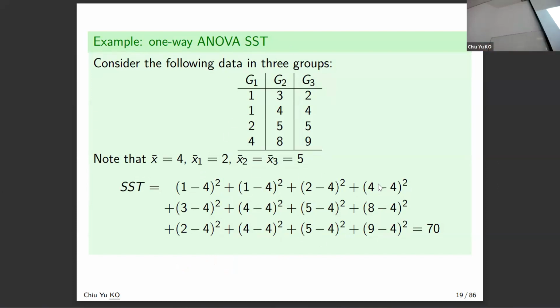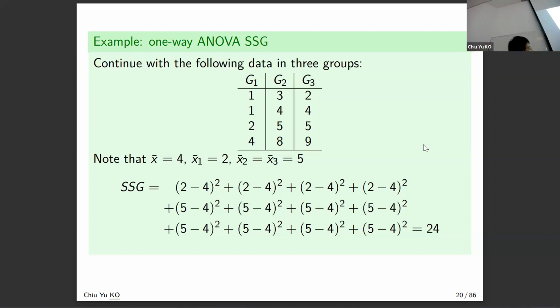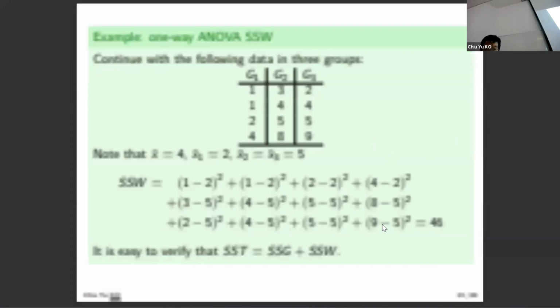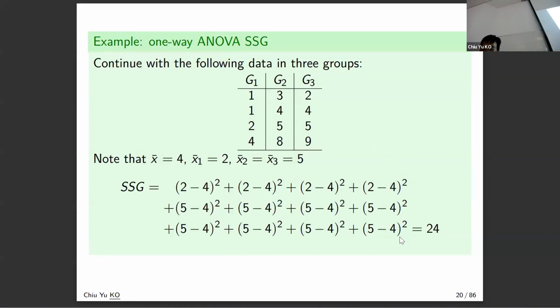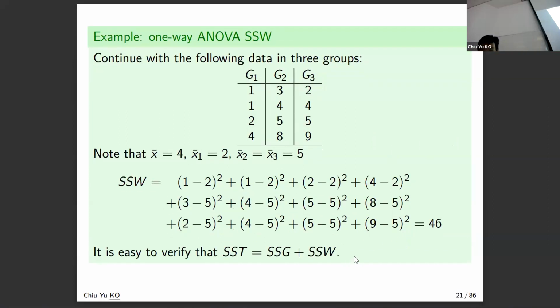As I said, I don't expect you to reproduce this in the exam, but you probably want to know how to calculate it. Nowadays calculators do it for you, so you just need to understand what it is. It's the same with SSG and SSW. I'm not going to do that, but this is trying to show you that they add up together.